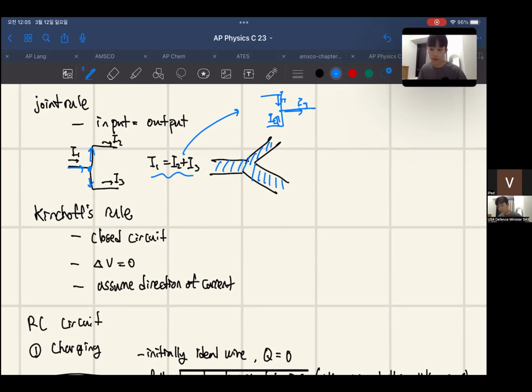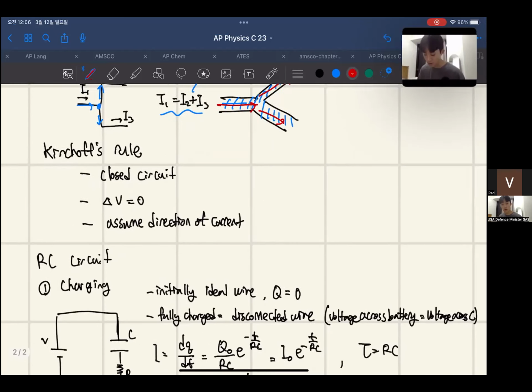The whole point of this is that the amount of current flowing in towards the junction is equal to the amount of current flowing out of the junction, which, again, if you think about this water path analogy, is obvious. Of course, the amount of water that flows into the junction should be equal to the amount of water flowing out of the junction. So same, even in electric circuits, the amount of current flowing towards the junction should be equal to the amount of current flowing out of the junction.